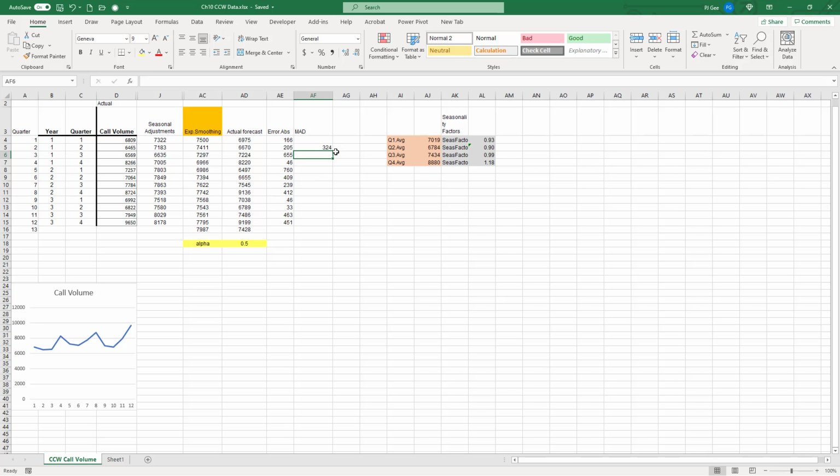Okay, so our MAD came down a little bit. It is 324, and we need the error squared.